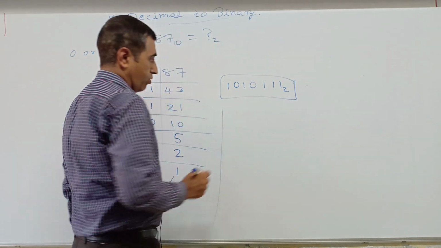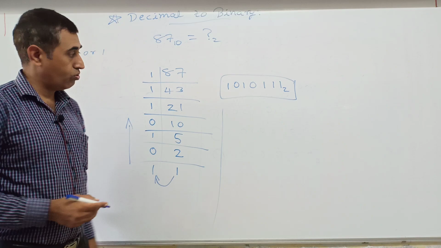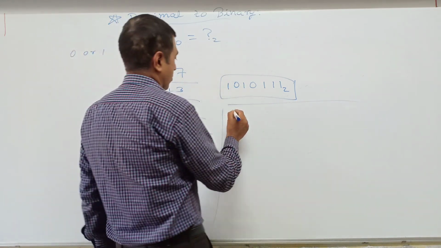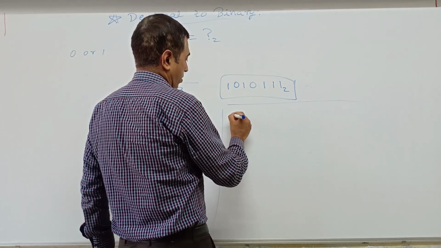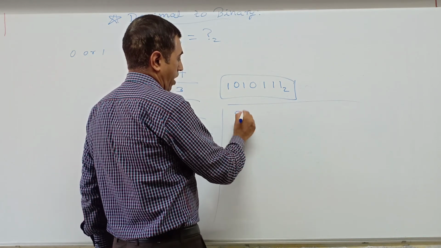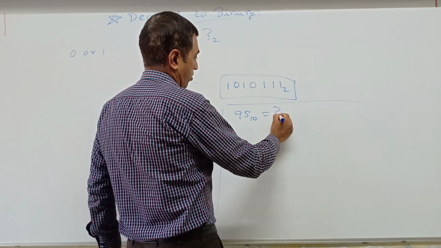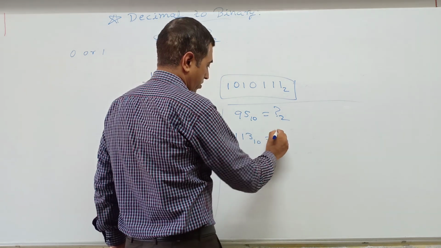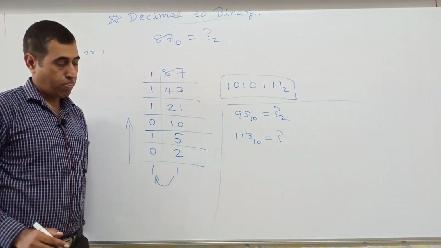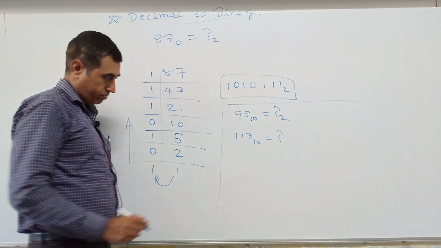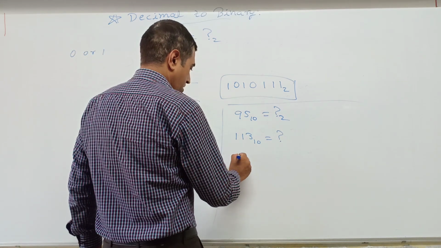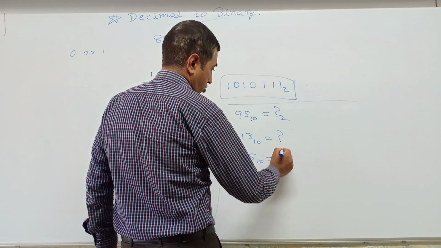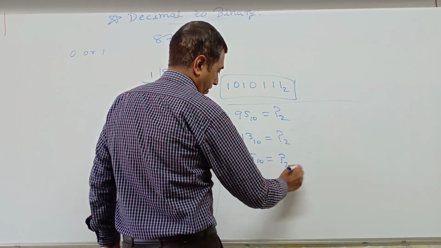Here also I will give you some homework that you have to convert on your own. 95 from decimal to binary, 113 from decimal to binary, 65 from decimal to binary.